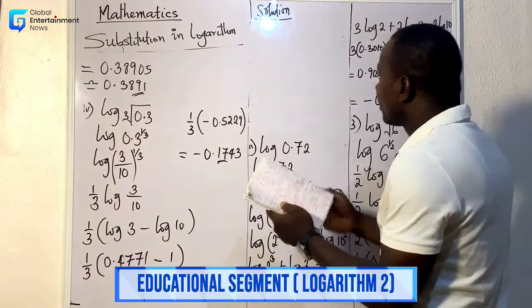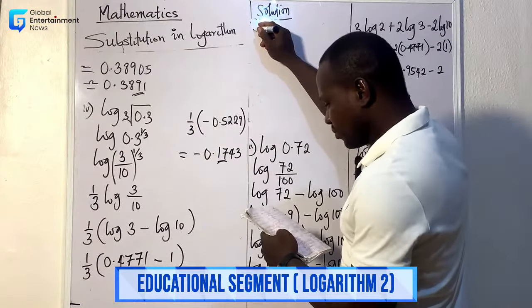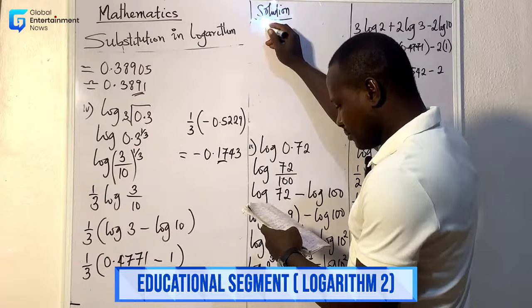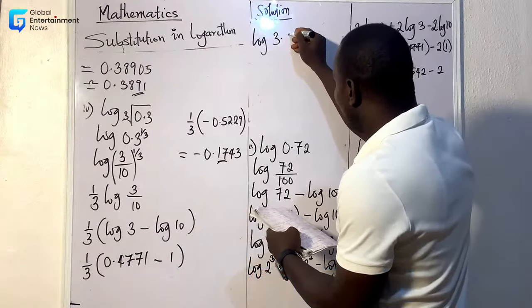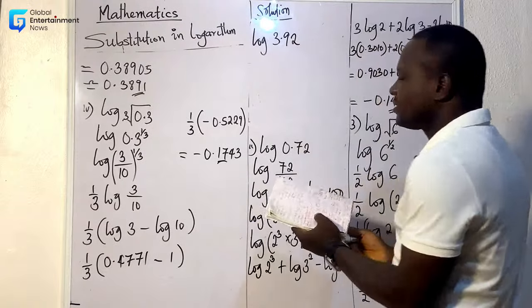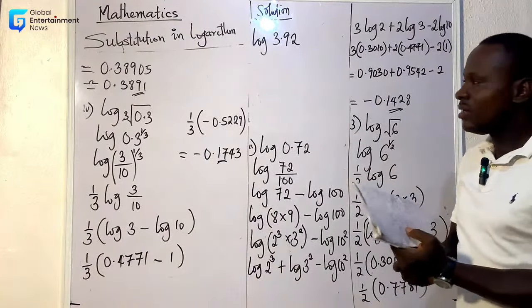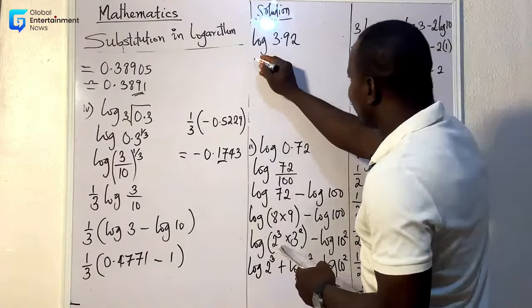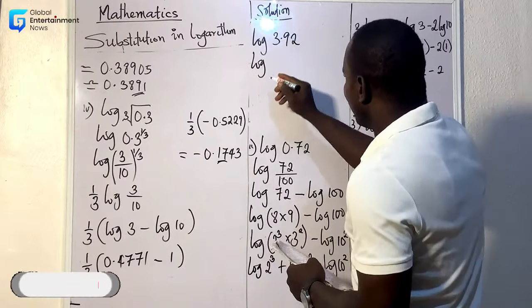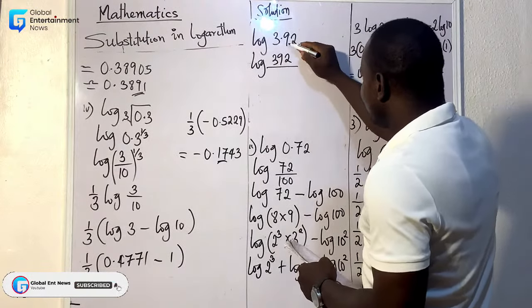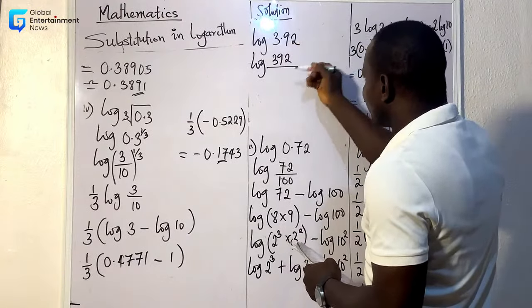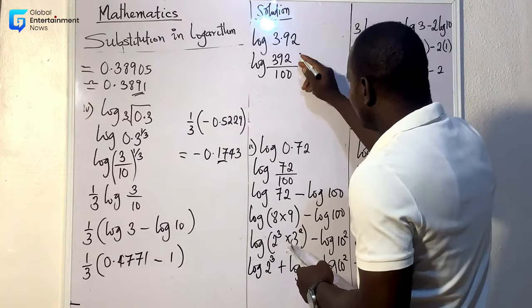Okay, the last question is log 3.92. So what do we do? Let's convert this. We have log 392 over 100.